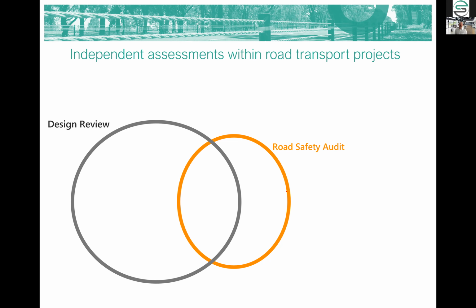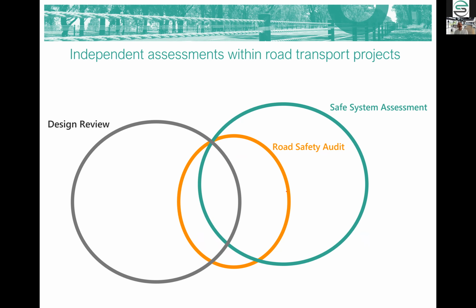So there is a bit of overlap between a road safety audit and that design review, which is part of the quality management process and system of any design house. They should have this independent design review as part of their work. So you get a bit of overlap there. There are things in a road safety audit that sit outside that, looking beyond the standards and guidelines at what else is going on, and what other safety issues may arise.